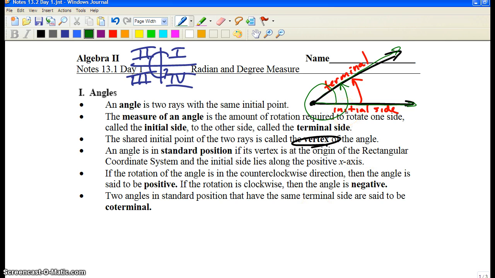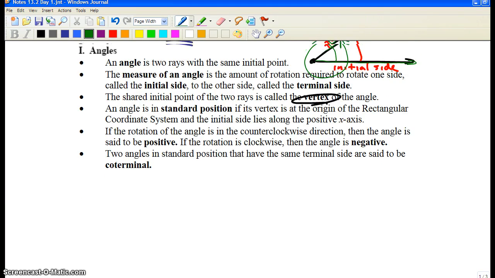That green angle and that black angle are technically two different angles because we opened up more for the green one, but they're coterminal, so they look the same and wind up in the same spot, but we actually rotated an additional time. Make sense? Like 360, 720, 1080. Okay. Cool.